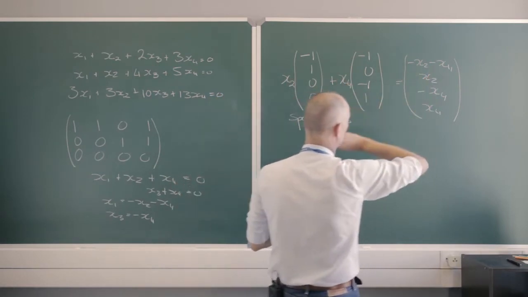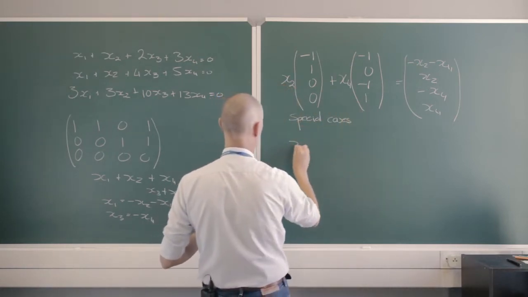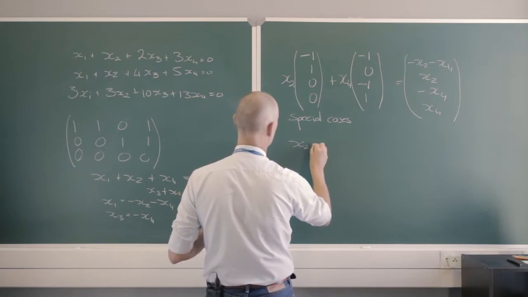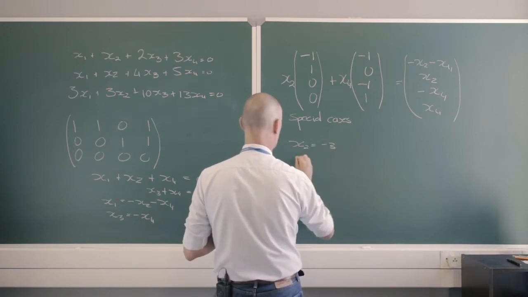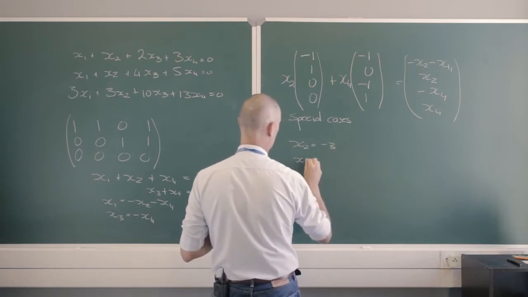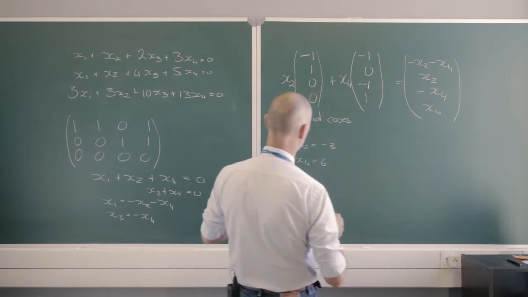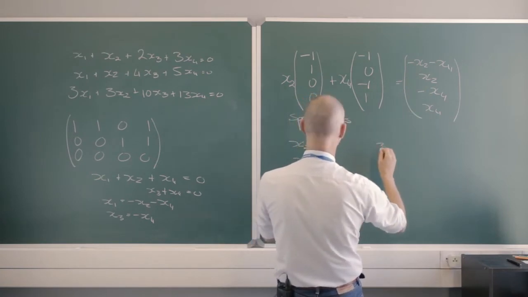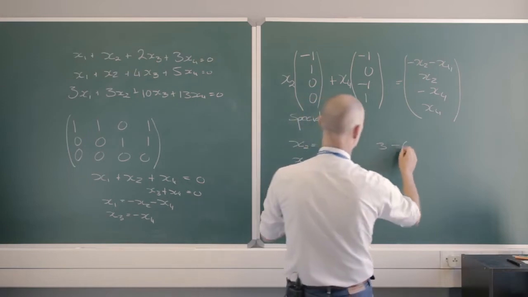So now, let's do something very wild. Let's make x2 equal to negative 3, and I'm going to make x4 into 6. That means a linear combination of this is going to be minus 3, that's 3, minus 6.